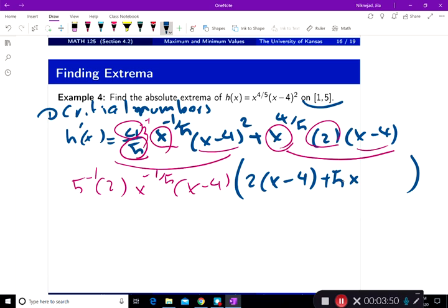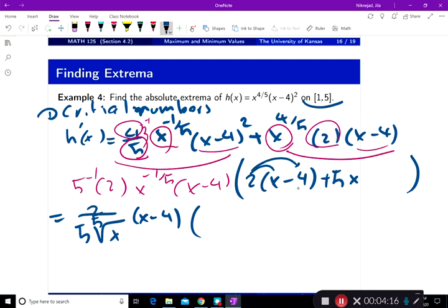Now I have everything factored. Let's bring the 5 to the power -1 to the bottom, and I get 2 divided by 5th root of x times x minus 4 times this entire thing, where 2 distributes: 2x minus 8 plus 5x is 7x minus 8.